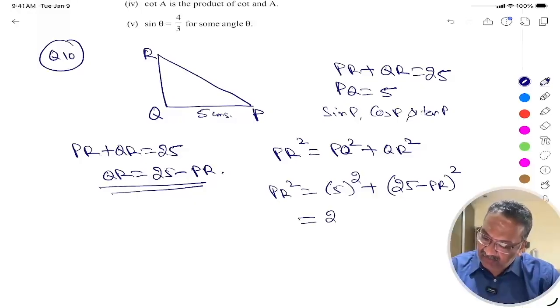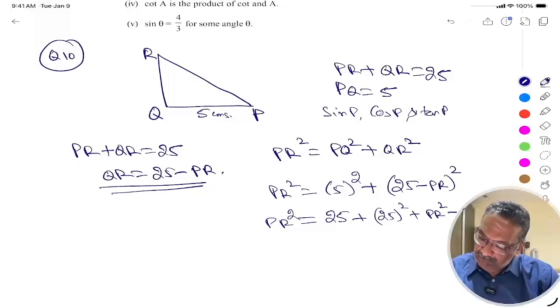5 square is 25, plus this will be 25 square plus PR square minus 50 into PR, which is equal to PR square. PR square can be cancelled.